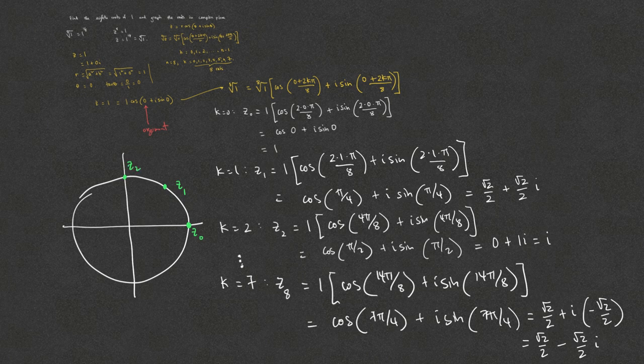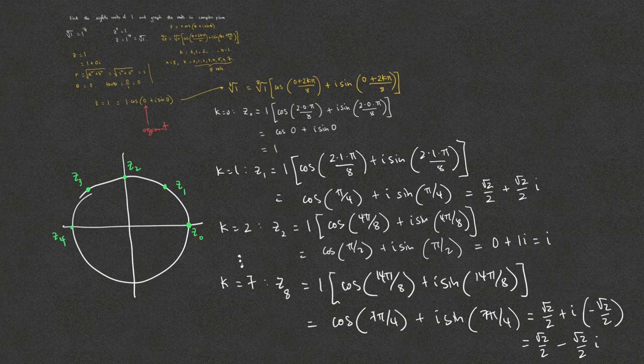And if we plug in k equals 3, we will see that the next solution is in the second quadrant, z sub 3, which is the fourth solution, at the angle 3 pi over 4. If we plug in k equals 4, we will obtain the solution at exactly pi for z sub 4.